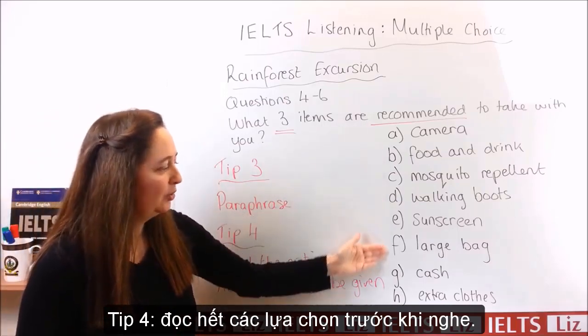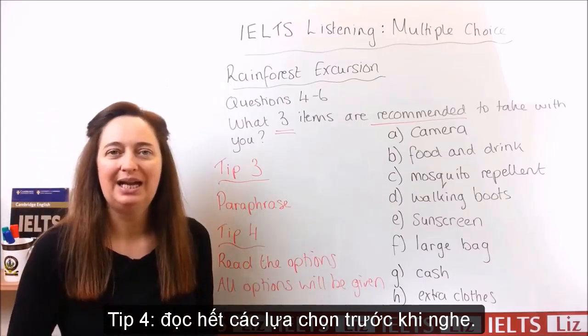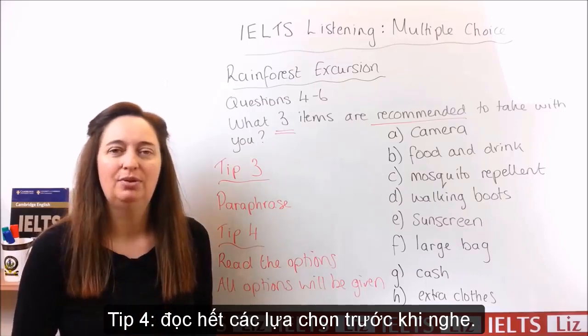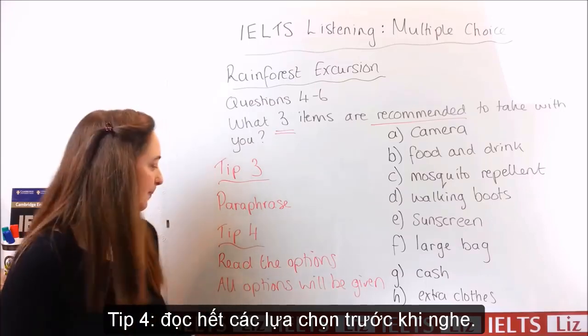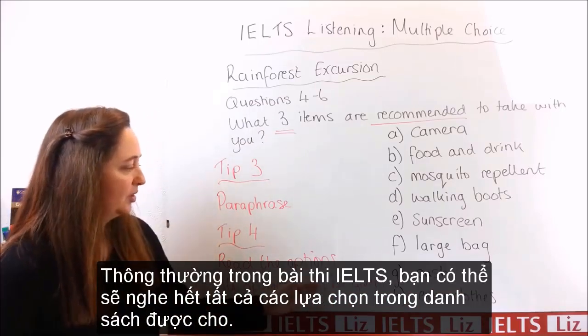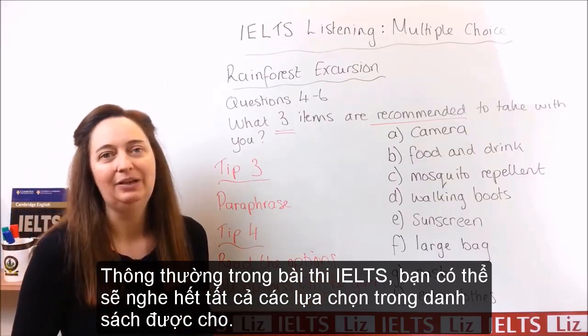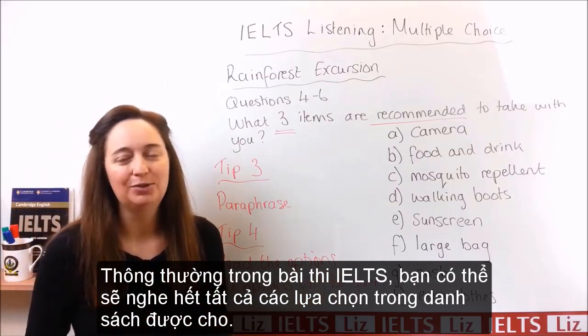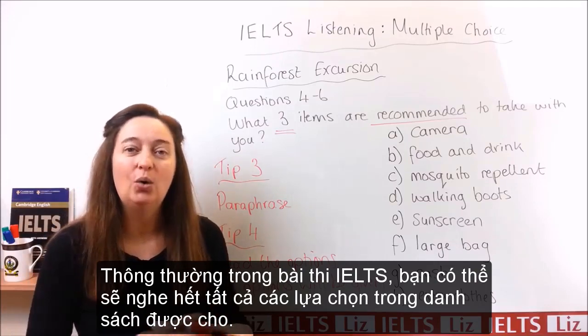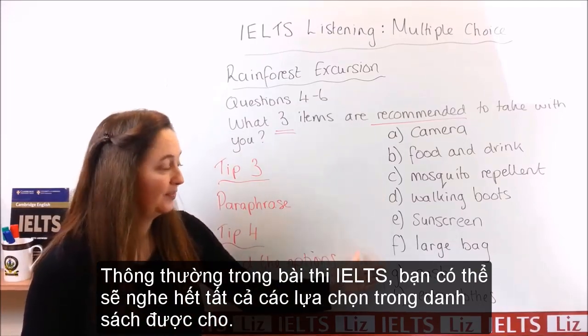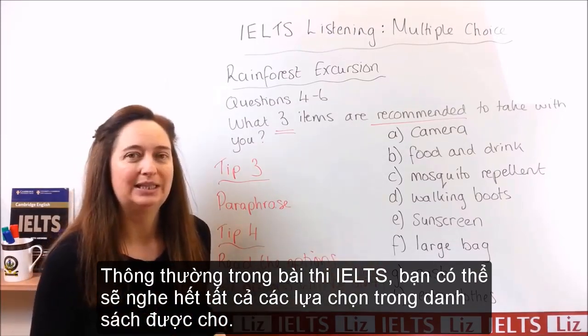You need to go through all the possible answers and read through them before you listen. All the options will probably be given. It is very normal in IELTS that you will hear all those words in the recording.